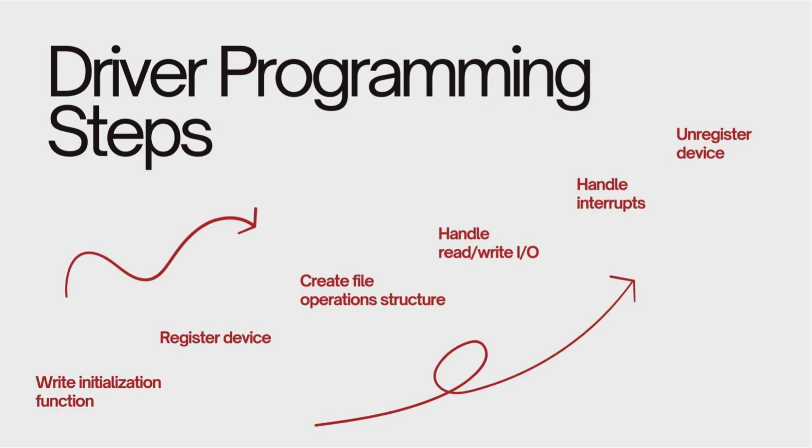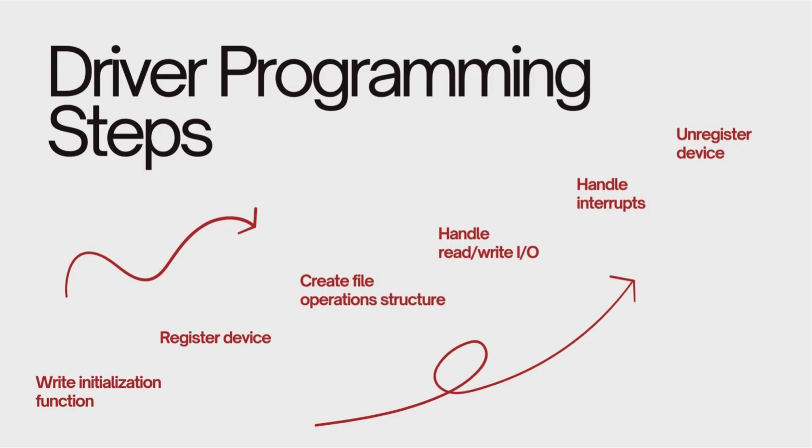And then developing a device driver follows a defined sequence of steps. The process begins with the initialization function, which is executed to detect and prepare the device for use. Following preparation, the device must be formally registered with the operating system, so the kernel is aware of its presence and capability.